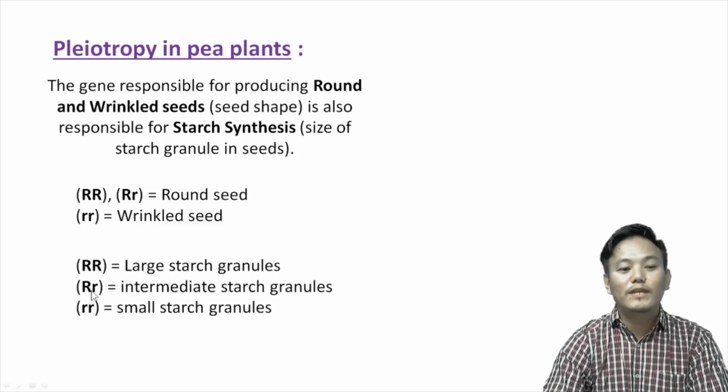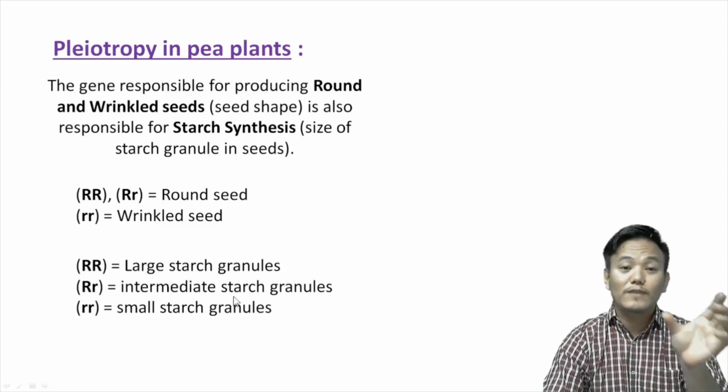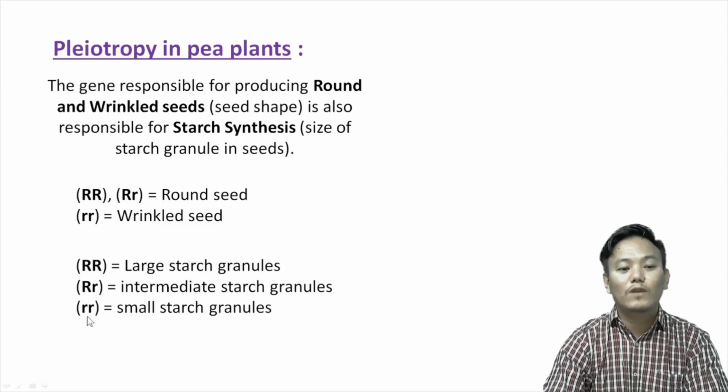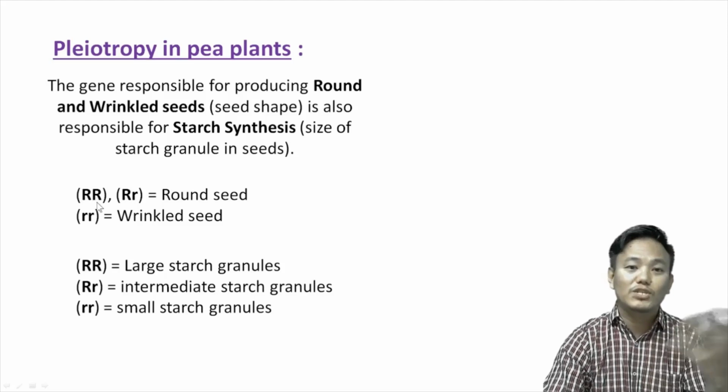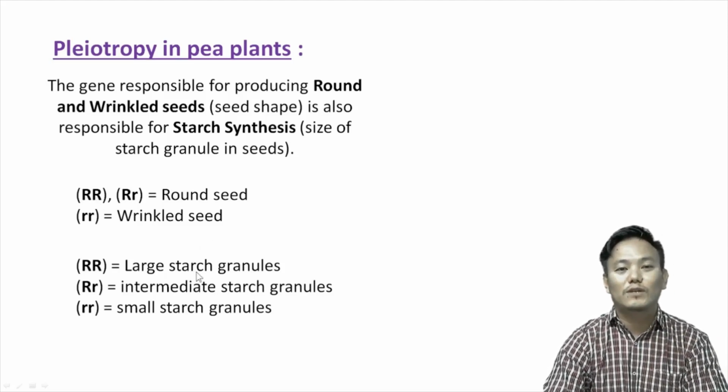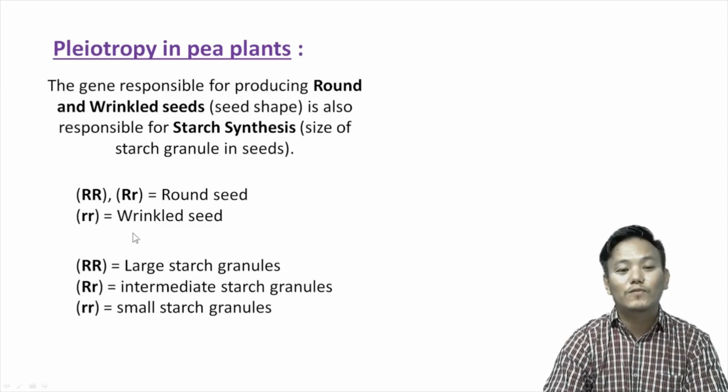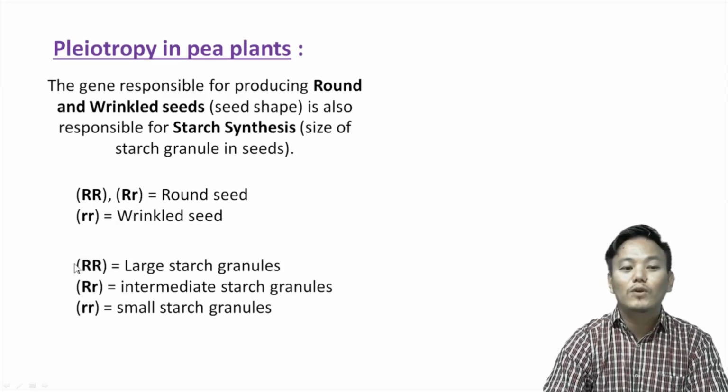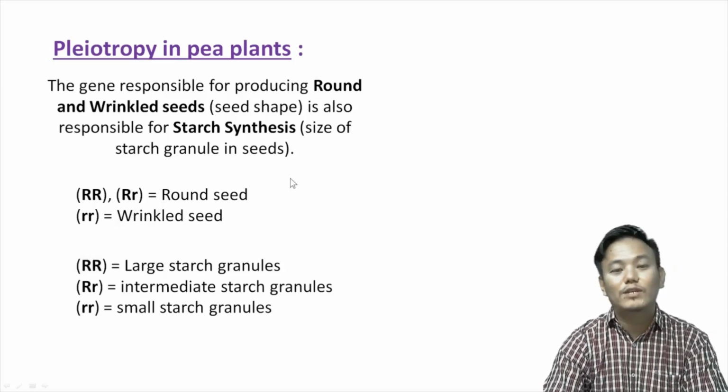The heterozygous one will have intermediate starch granules, and the homozygous recessive will produce small starch granules. So this same gene, the gene R, is controlling both the seed shape as well as the starch size in the seed. Therefore, this is an example of pleiotropy. Along with being an example of pleiotropy, this is also an example of codominance, so you will find this under the codominance section in your textbook.